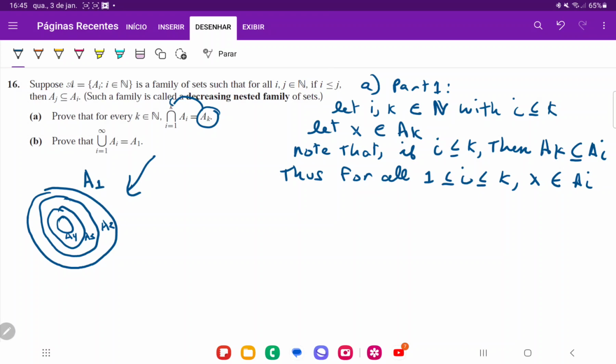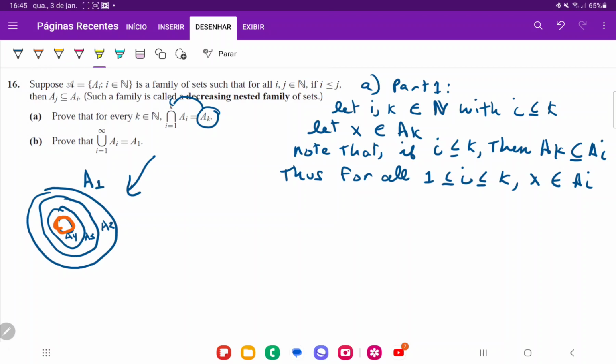Because we said x belongs to a sub k, however k is bigger than every single i within this interval. So because k is bigger, it is included in all of these. Maybe you can picture that this is a sub k, and all the other ones are the bigger rings around it.